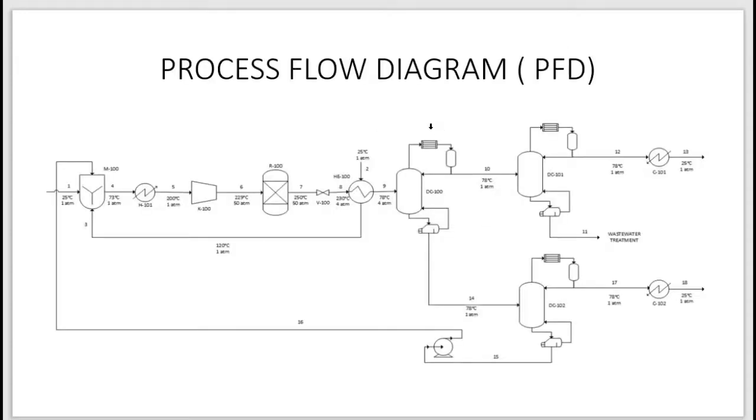As you can see, this is our process flow diagram, PFD, for the ethanol production. Based on this PFD, there are 12 equipments consisting of one mixer, one reactor, one compressor, one throttle valve, one pump, one heater, two coolers, three distillation columns, and one heat exchanger after we have done the heat exchanger integration.